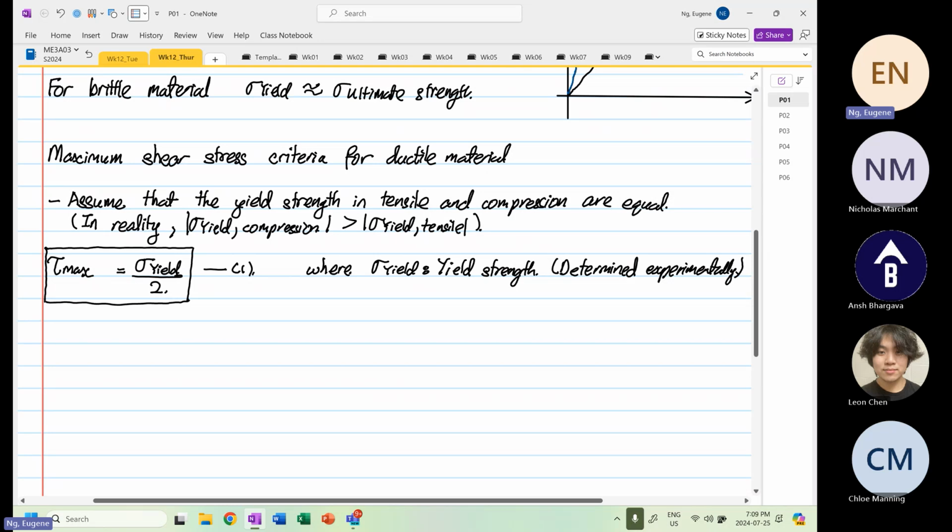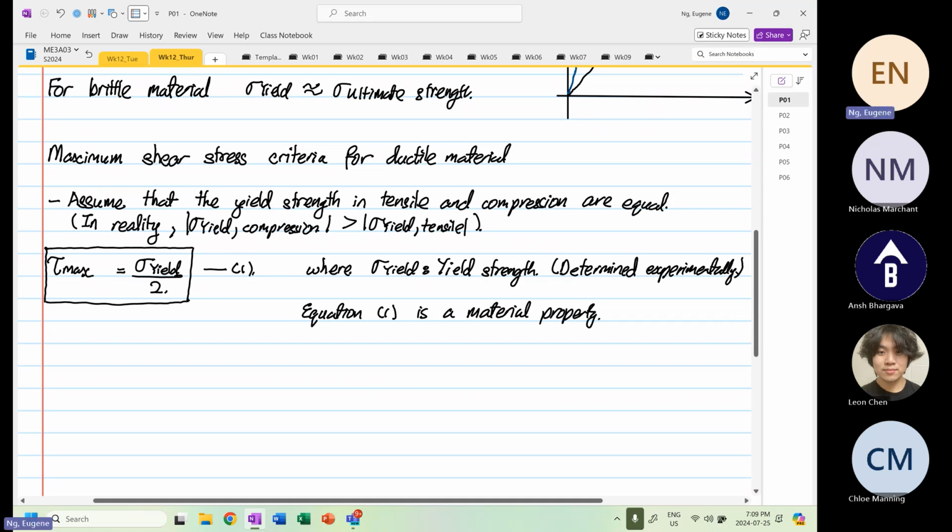Okay, it's not what we calculate, but we have to do an experiment. So in equation 1, tau max in this context is a material property.